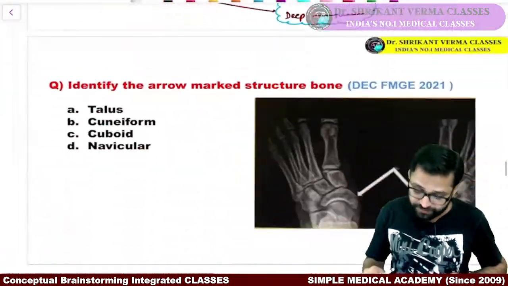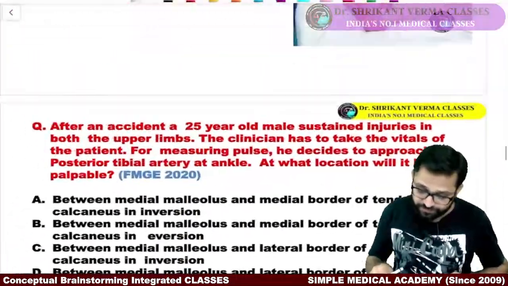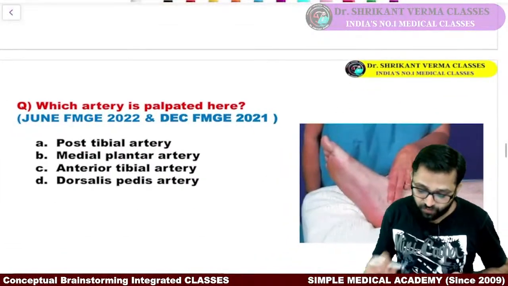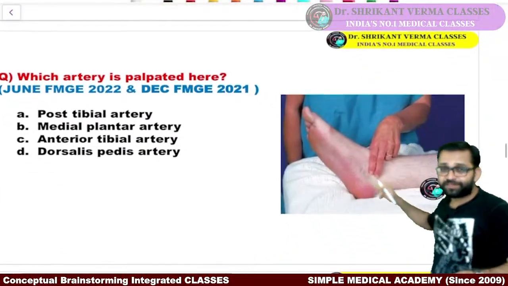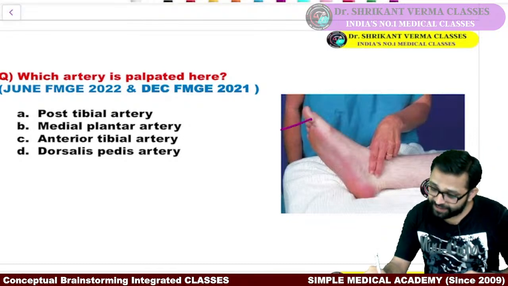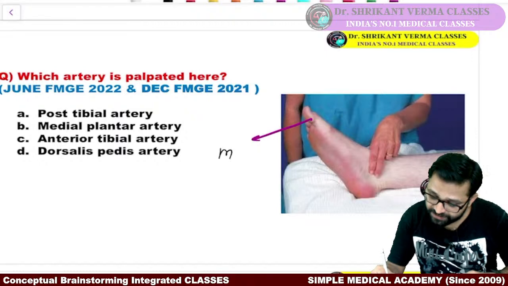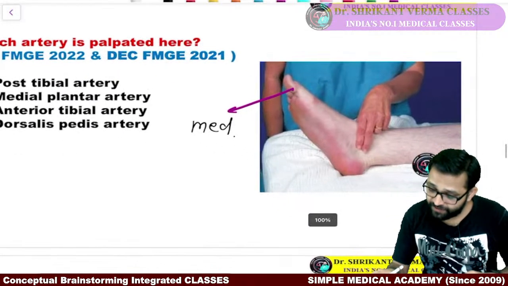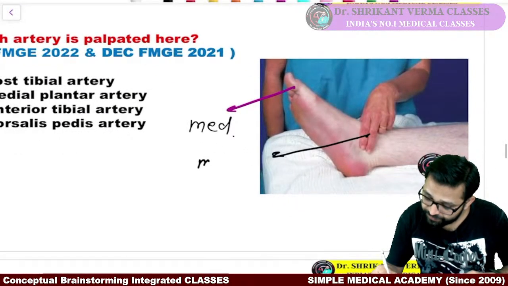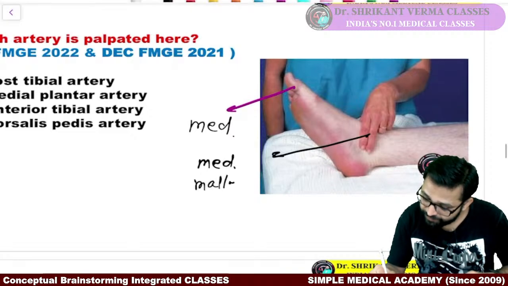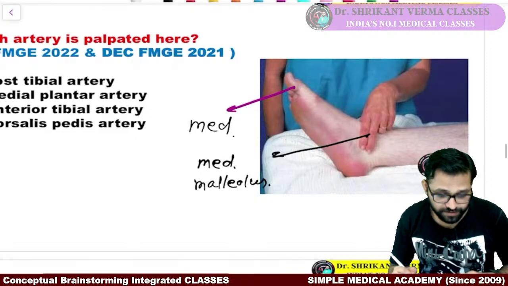Getting the point? So can you tell me what the answer is? Which artery is palpable here? Yes, look carefully. This is our great toe, meaning it is the medial side, and if it is the medial side, so this will be the medial malleolus. Getting the point?